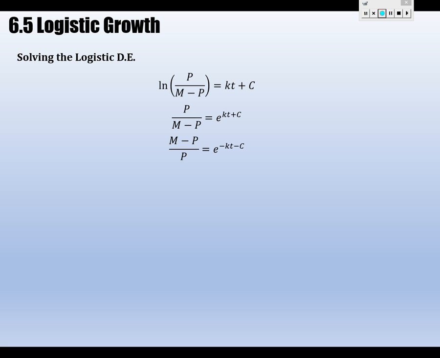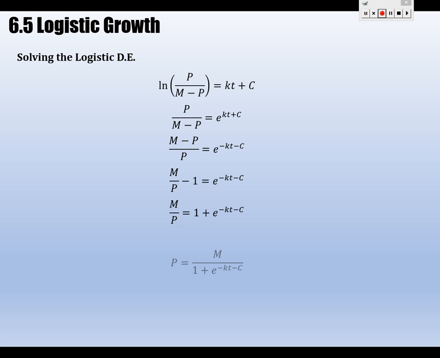I'm going to decide to flip both sides just because I think we'll like that. Is that okay to do? Do you see what I did over here? I took the reciprocal of this side, and over here I took the reciprocal of this side, making both of those exponents negative. Again, all algebra here. It's a little tricky. But now I can actually do this, which is cool, because now there's only one p in my life.